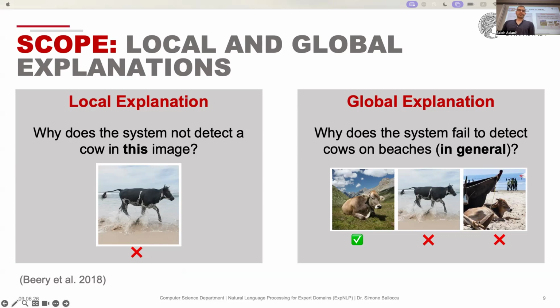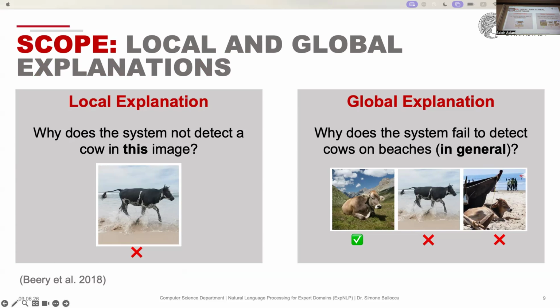So let's talk about the scope of explanation. An explanation could be just for a given input, or it could also be for a subset of inputs. For example, imagine your AI system is incorrectly classifying this cow image. This is a cow on the beach, and somehow the model is not able to classify it correctly.